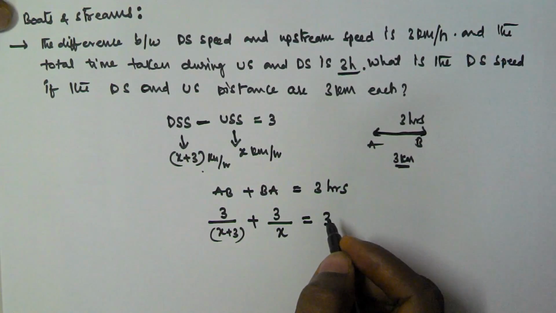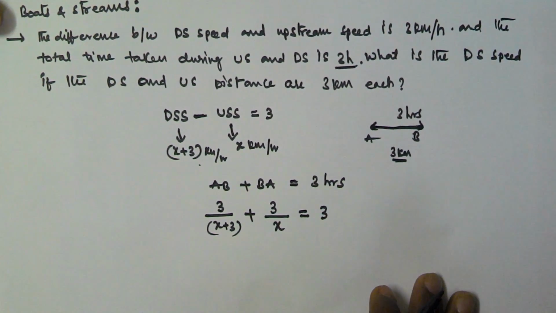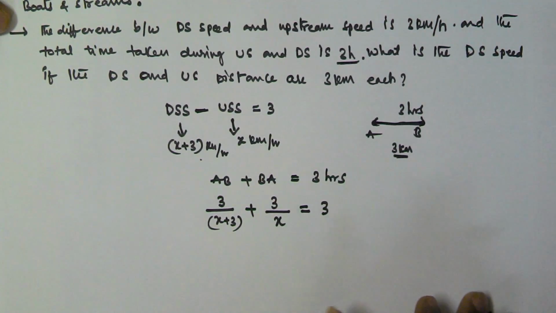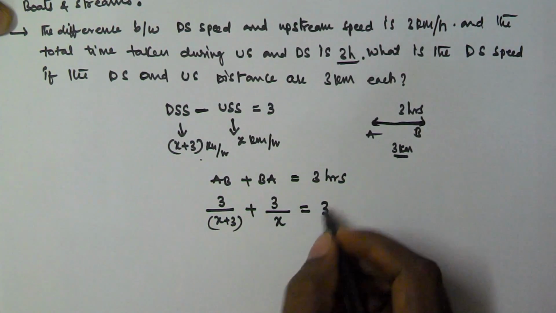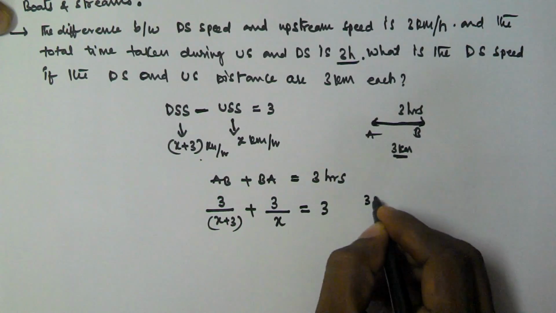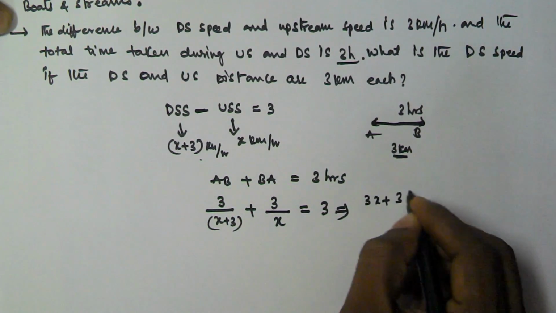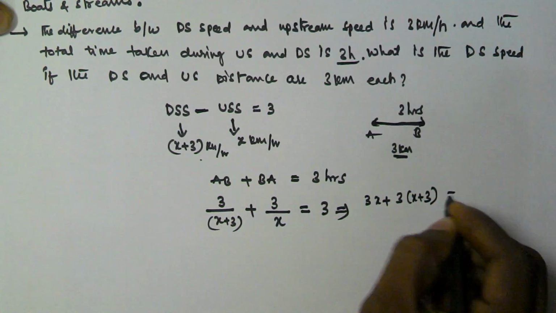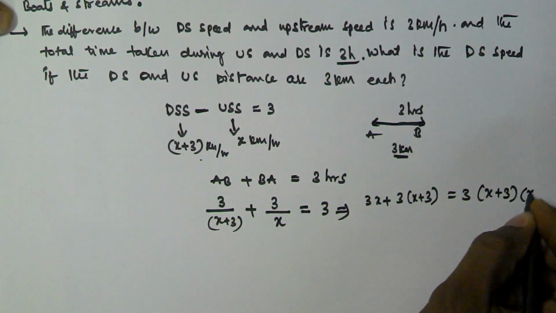So now we will solve this equation. Whatever value we get for x will give the speed of the downstream as well as upstream. So this equation gives 3x plus 3 into x plus 3, equivalent to 3 into x plus 3 into x.